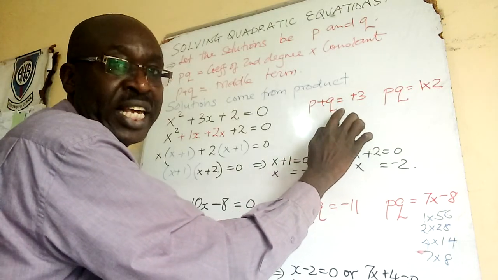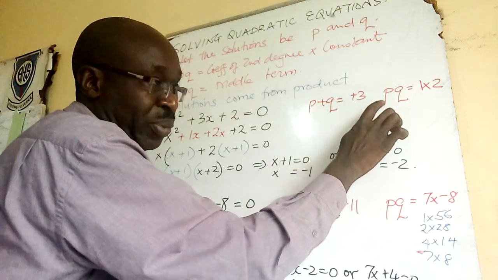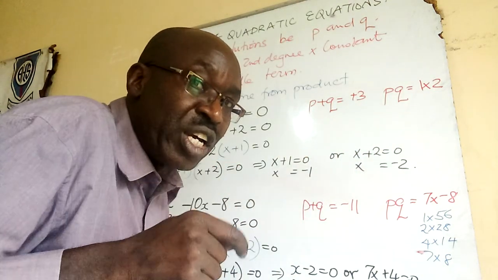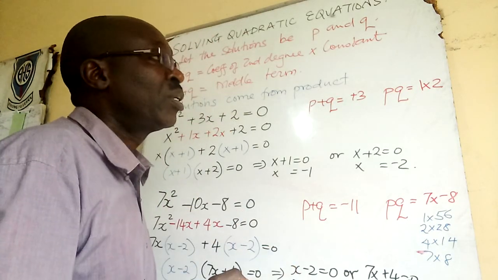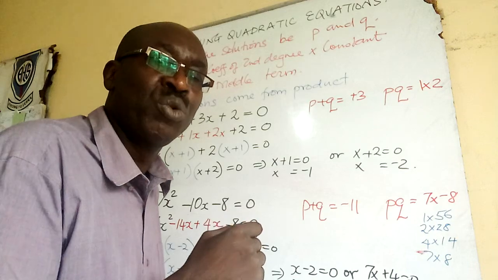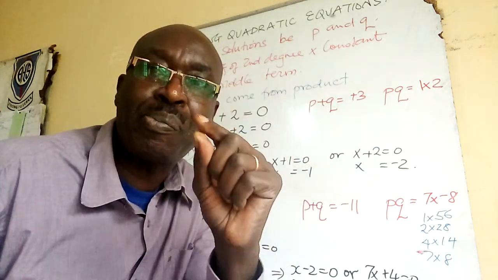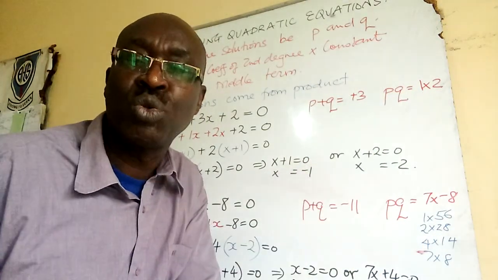The key things are these two, P plus Q and P times Q, where P and Q are our solutions we are looking for. This is a method. So, how do you get P and Q? Start by breaking the product. Our product is 1 times 2, which is 2.